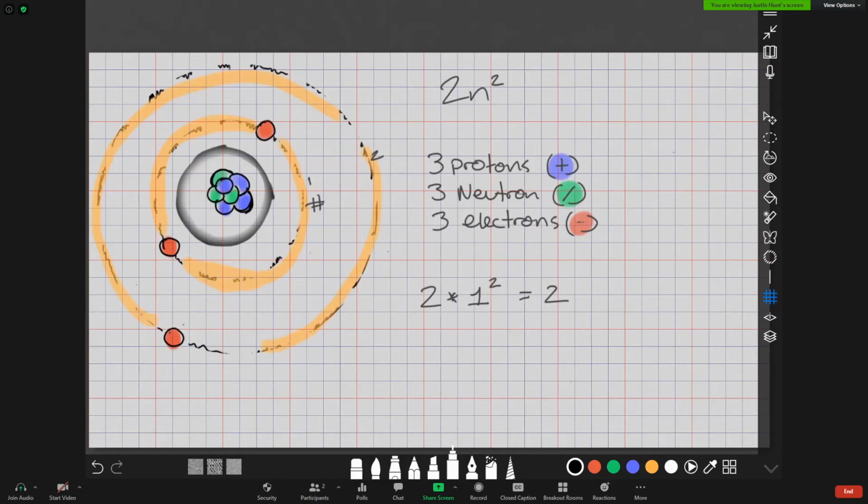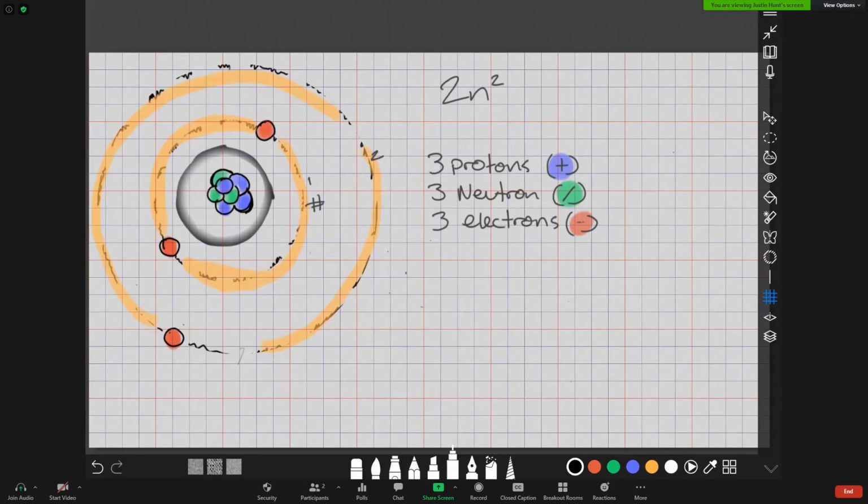So let's look at shell number 2. 2n squared, where n is 2. Using basic math skills, we know 2 squared is 4, and 2 times 4 is 8. It can be occupied by a maximum of 8 electrons. And we can take it one step further and look at a third shell.